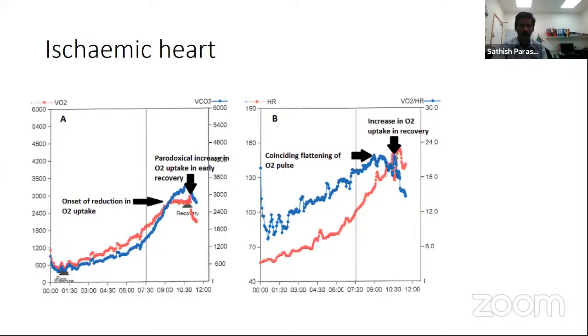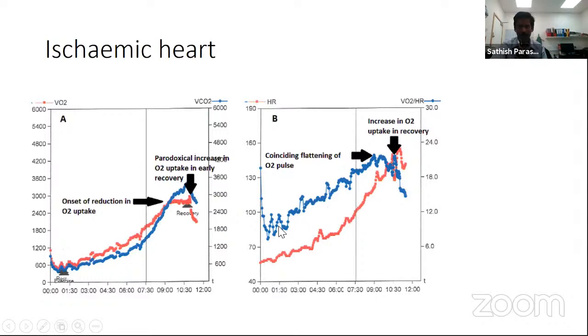So this is an ischemic heart. Again, looking at 2 graphs from that panel. The one I showed you: the onset of reduction of the oxygen uptake at peak exercise, sudden flattening of the oxygen uptake, and a paradoxical increase in the oxygen uptake in early recovery due to relief of ischemia and myocardial dysfunction. And here is the oxygen pulse, in blue; the heart rate is in red.